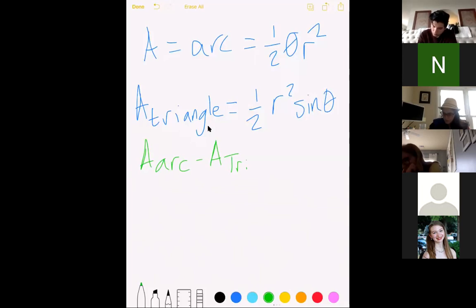In order to find the perimeter, you would do the length of the arc plus the chord.